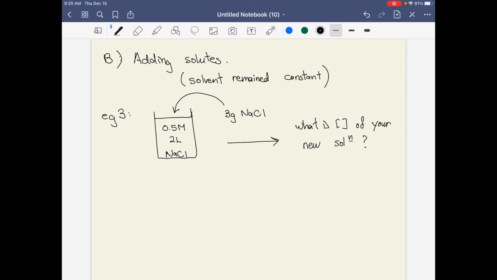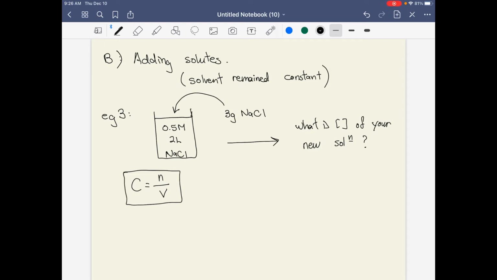Okay, it's a big one. So let's do example 3. Now, no equation here. There's no dilution equation because this is not a dilution. There's no adding concentration equation because there is no such thing. So what you're going to do is that you're going to use this equation.